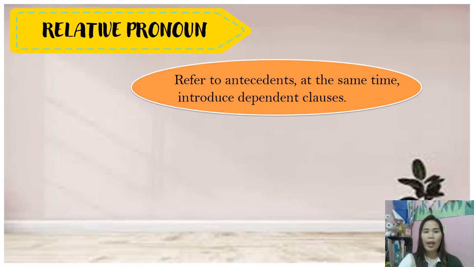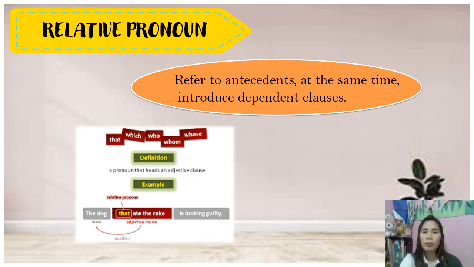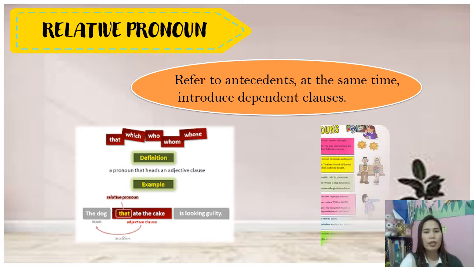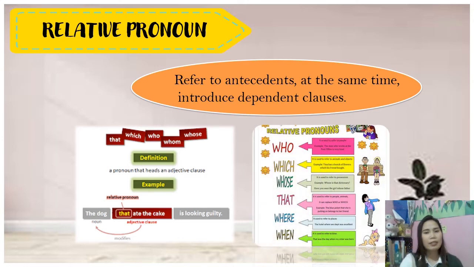So now we have a relative pronoun. Relative pronouns make up another class of pronouns. They are used to connect relative clauses or dependent clauses to independent clauses. Often, they introduce additional information about something mentioned in the sentence.